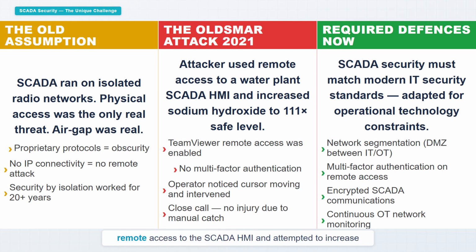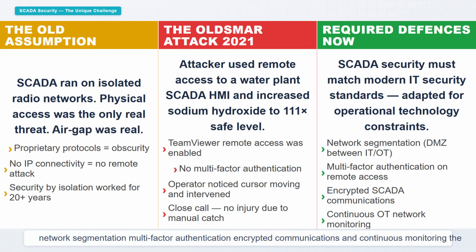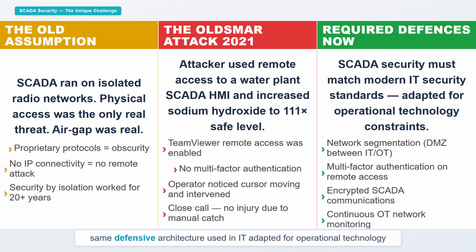An attacker gained remote access to the SCADA HMI and attempted to increase sodium hydroxide concentration to a dangerous level. An operator noticed the cursor moving and intervened manually. SCADA security now requires network segmentation, multi-factor authentication, encrypted communications, and continuous monitoring, the same defensive architecture used in IT, adapted for operational technology.